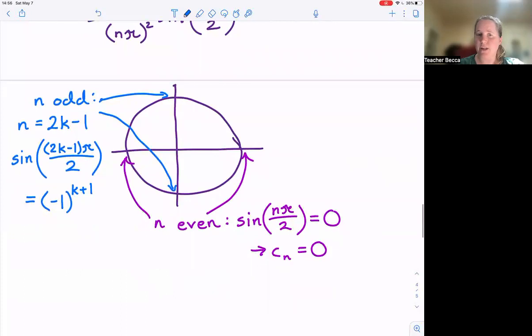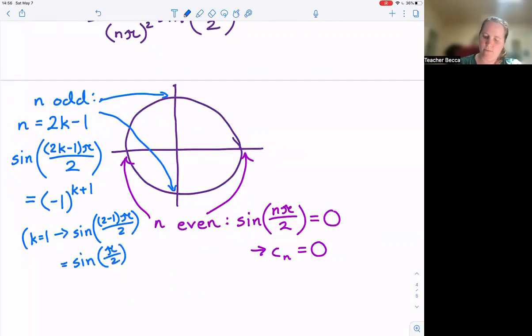Again, we just have to check for k equals 1. Then we are looking at sine of 2 minus 1 times pi over 2, which is sine of pi over 2, which is positive 1. And so we do want that k plus 1 to get the positive 1 out.